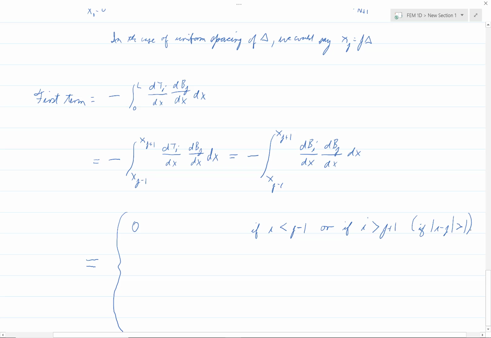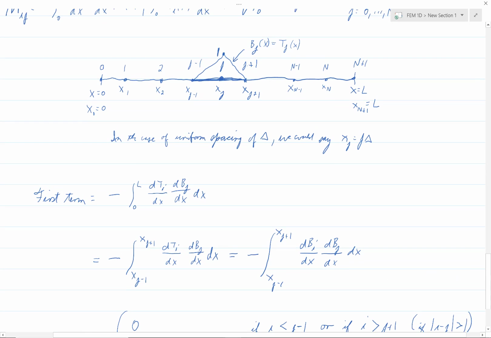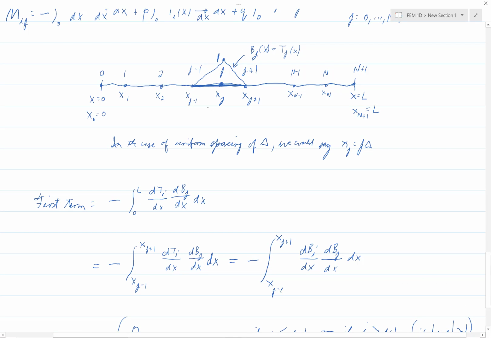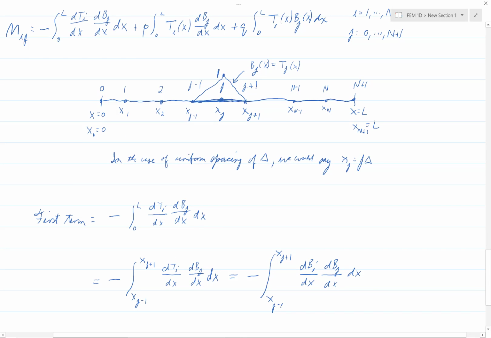But we're just saying here that if i is more than just one step away from j, see, if i is equal to, for instance in this picture, j minus 1, we would be okay, because b i minus 1 would be like this, and we would have overlap between the testing function and the basis function.